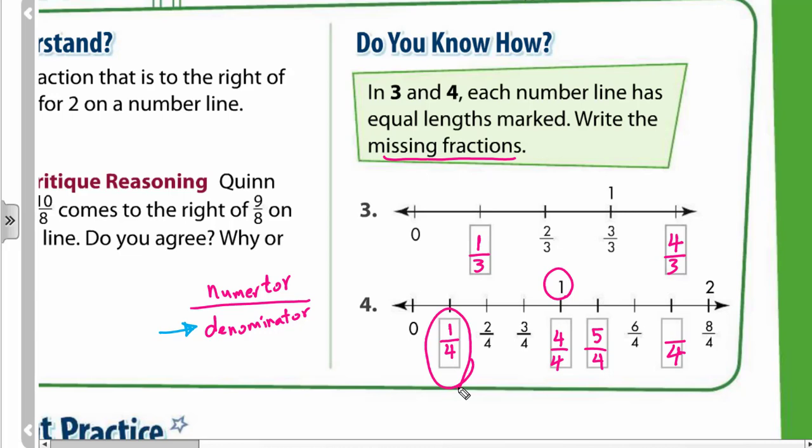Starting from this one. Read this one. 1/4. Okay. So after 1/4, 2/4. Say with me: 3/4, 4/4, 5/4, 6/4, 7/4.